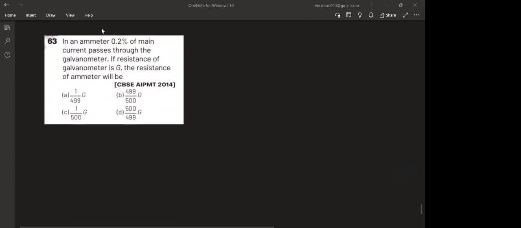See, in an ammeter, 0.2% of the main current passes through the galvanometer. If the resistance of the galvanometer is G, what will be the resistance of the ammeter?